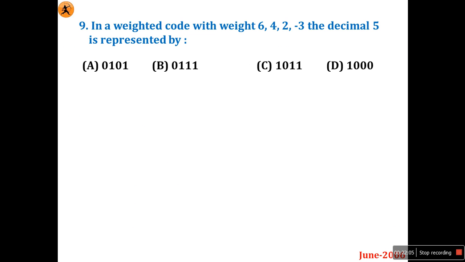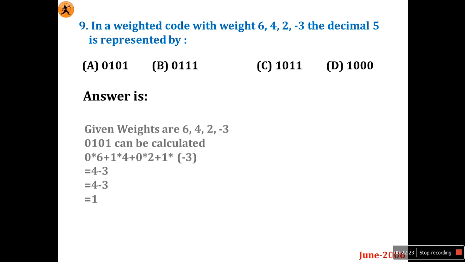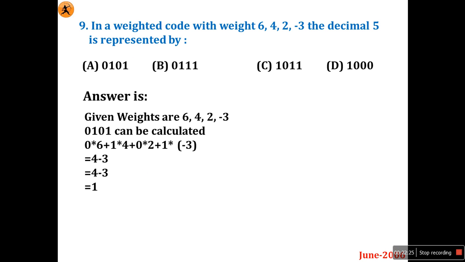In a weighted code with weights 6 4 2 minus 3, the decimal 5 is represented by, now they have given some weights, and in these weights, which number will give decimal 5? It's very simple if you know how to solve this. The given weights are 6, 4, 2, minus 3.